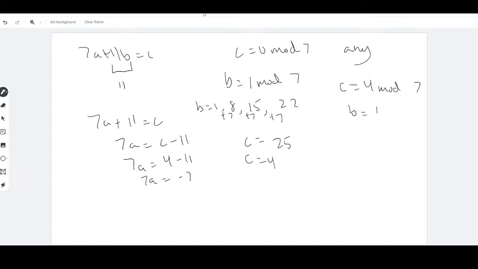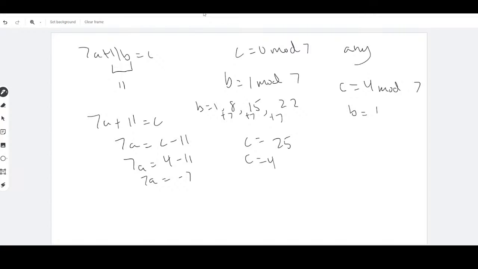But the exception here is that A has to be a non-negative integer. A cannot be negative, because if you think about the original problem, we're erasing numbers that are 7 or 11 more than a number that we've already erased.